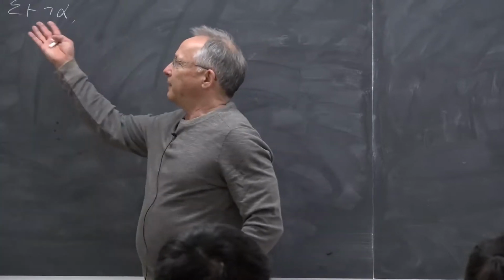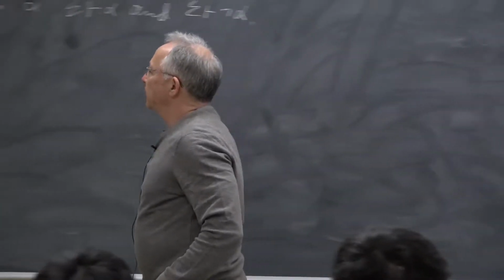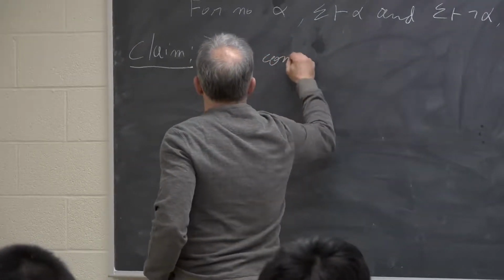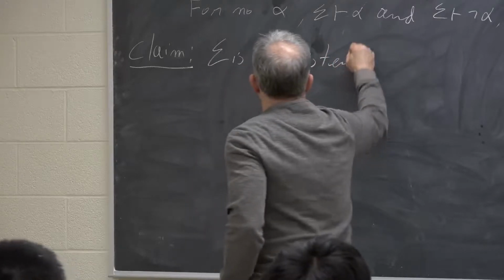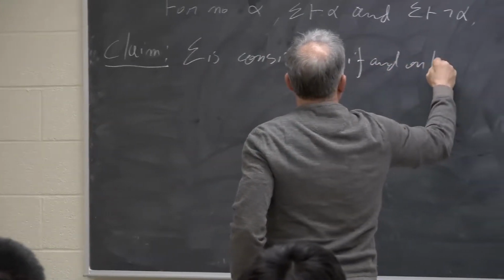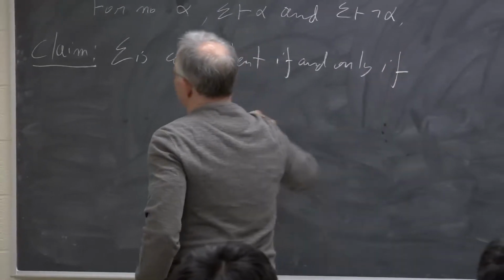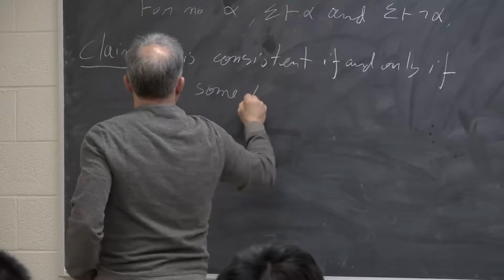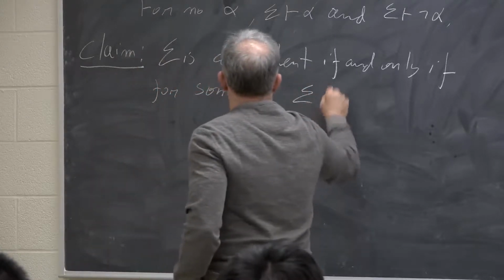So it's kind of aesthetically unsatisfying. So we have this claim that sigma is consistent if and only if for some alpha, sigma cannot prove alpha.